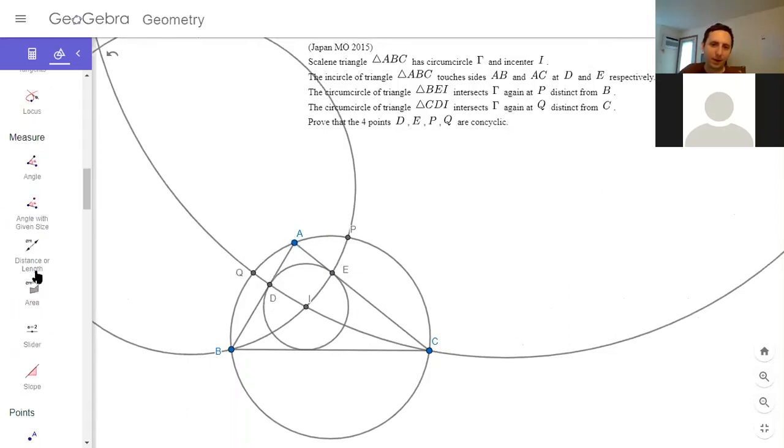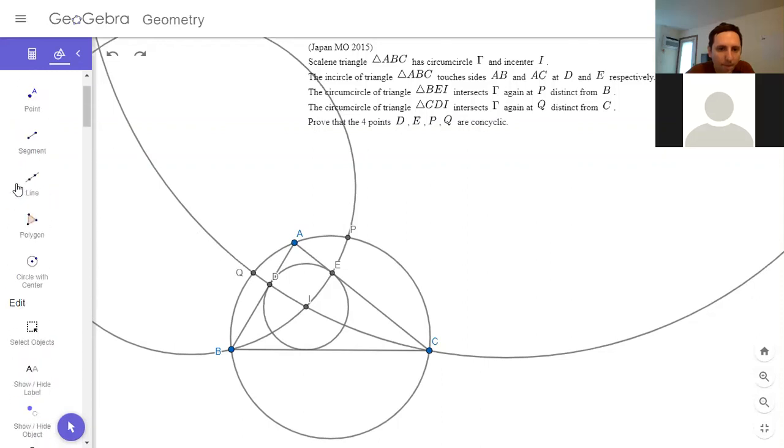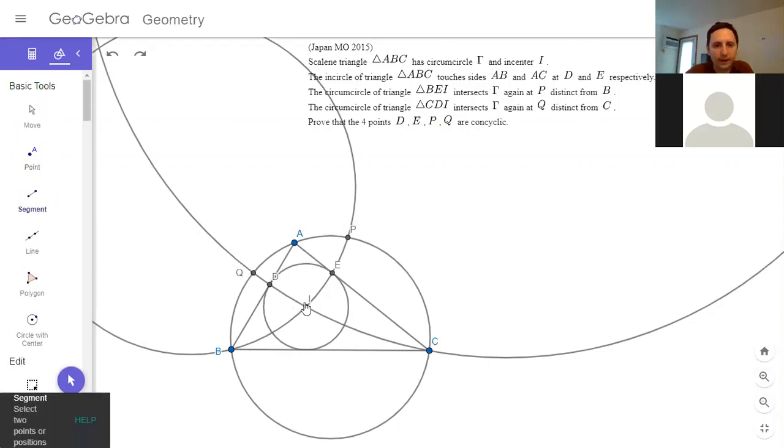So is this like the radical axis theorem or something? I'm not sure. This is 2015. So IE is a chord of one circle and ID is a chord of the other circle.